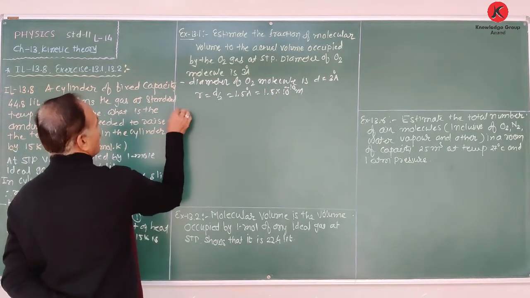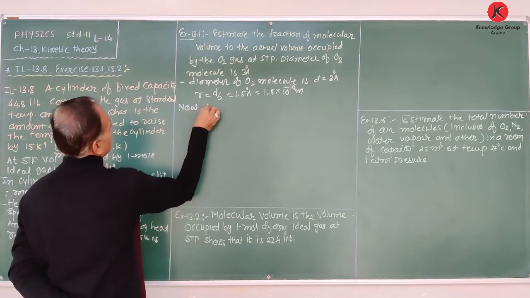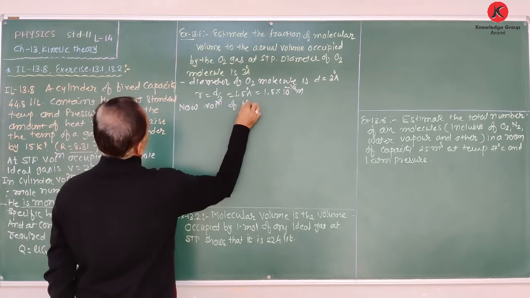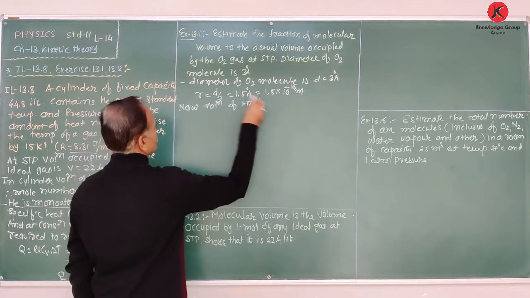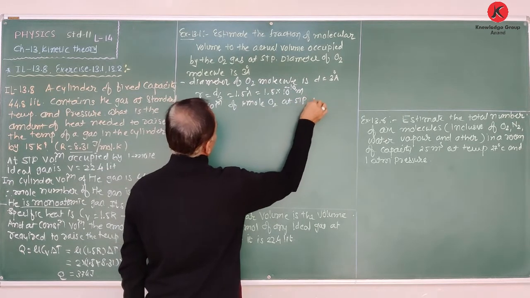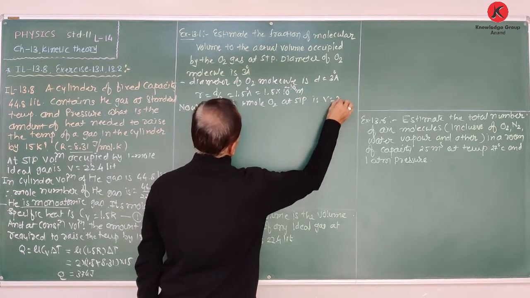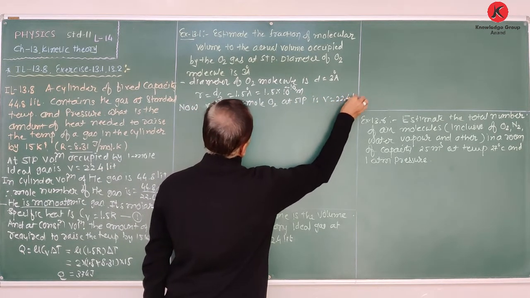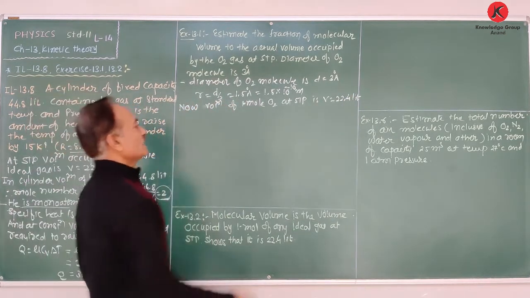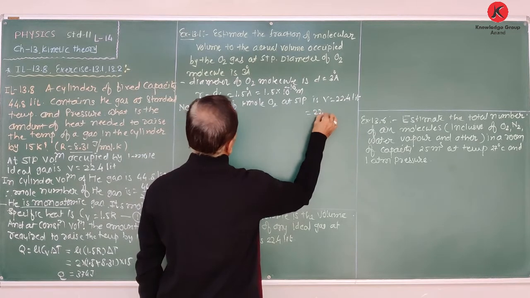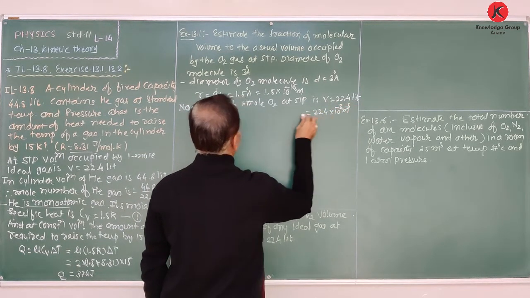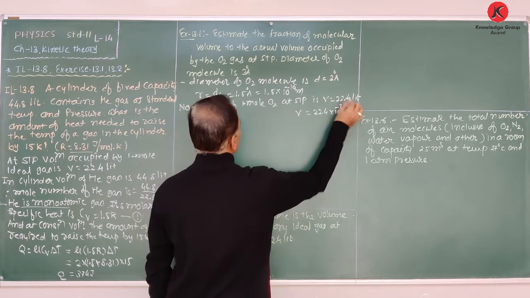Now, the volume of one mole of oxygen at STP is V equal to 22.4 liter. That means 22.4 × 10^-3 meter cube. That is the volume of oxygen at STP.